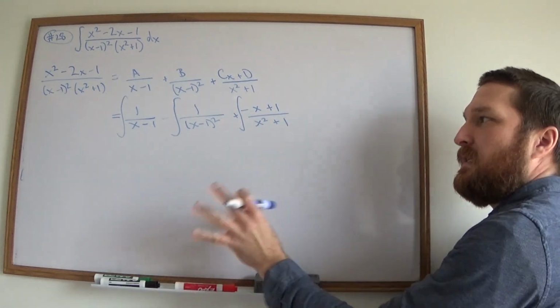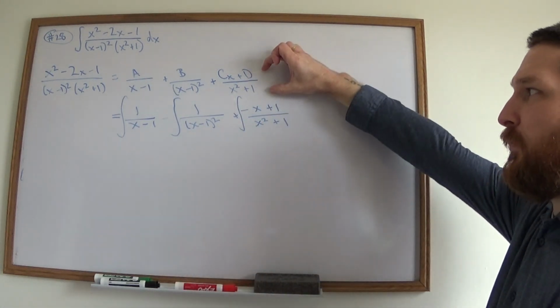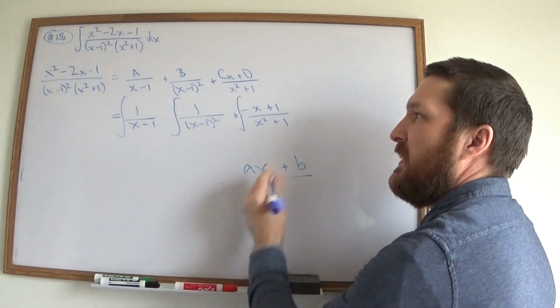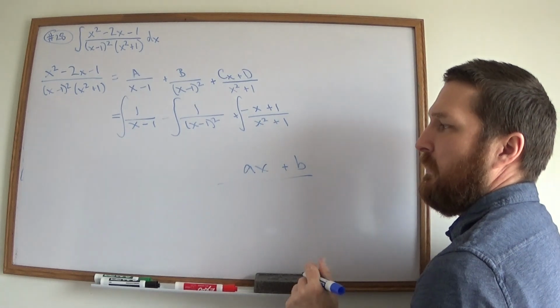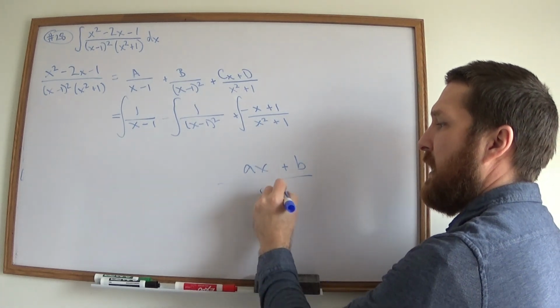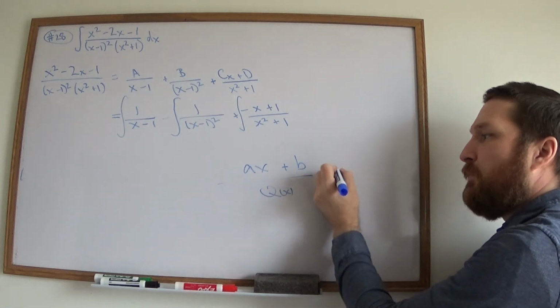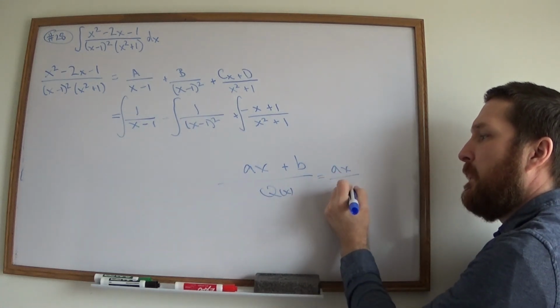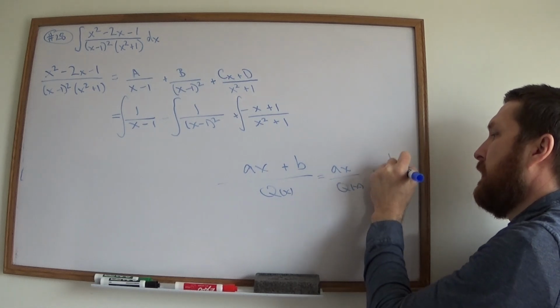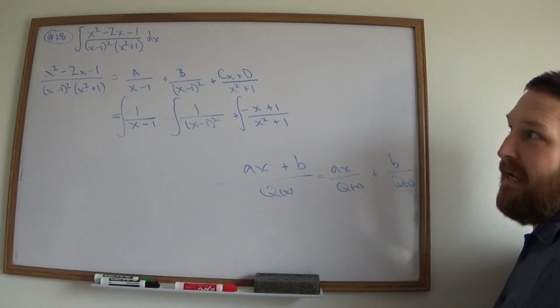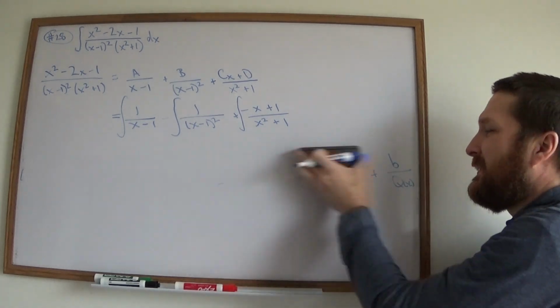Because worst case scenario, you end up with an ax plus b on the top, and then some kind of quadratic down here. And what you could do is just break them up. Quadratic, like this. And your life is probably going to be easy. It'll be way easier. And so that's what we're going to do.